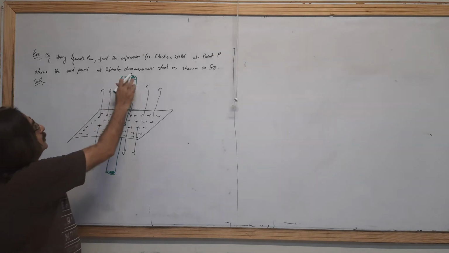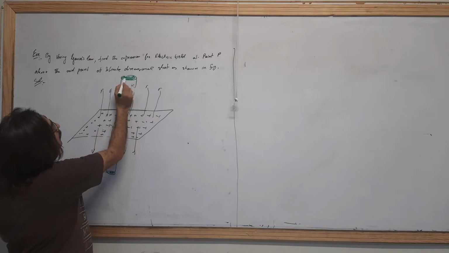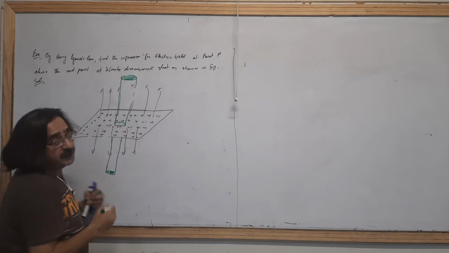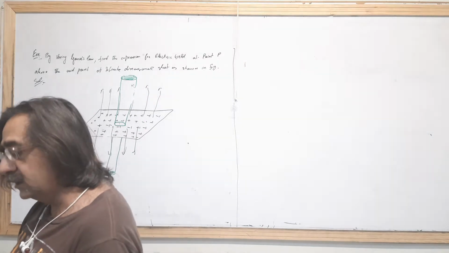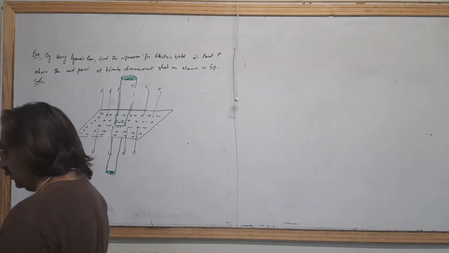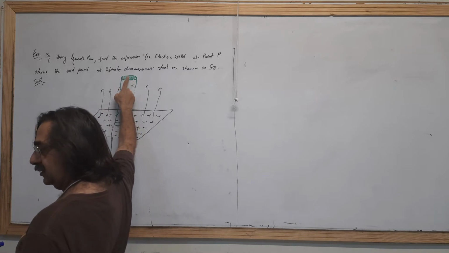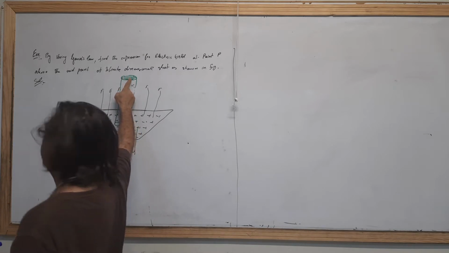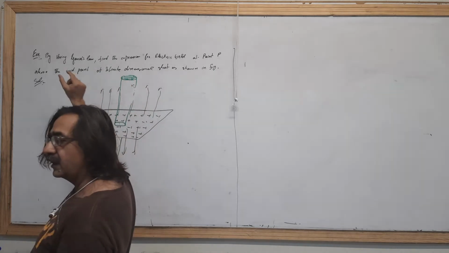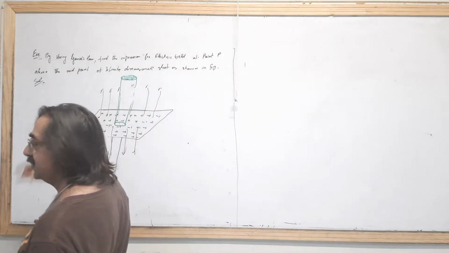Because this is a circle, if the radius is r, then the area will be pi r squared.